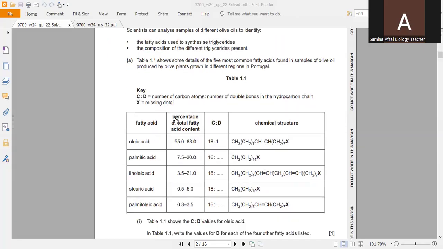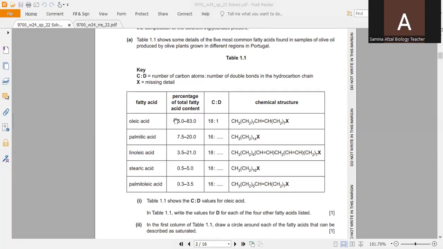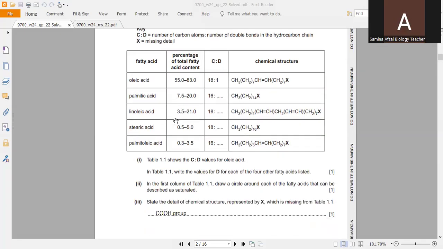some details of the 5 most common fatty acids found in samples of olive oil produced by the olive plants grown in different regions in Portugal. So here you can see the table, and they have given us one key, in which we have to find out the ratio between C and D, where C is the number of carbon atoms and D is the number of double bonds present in these fatty acids.